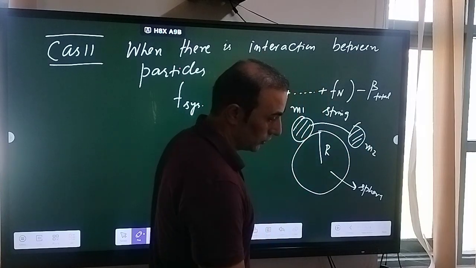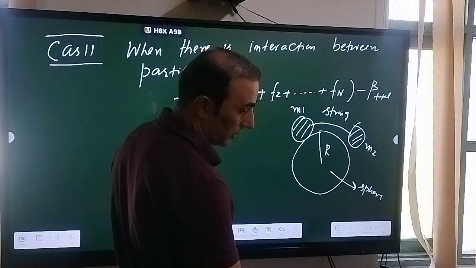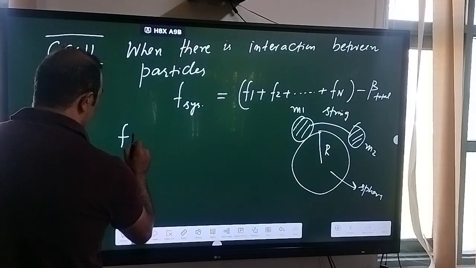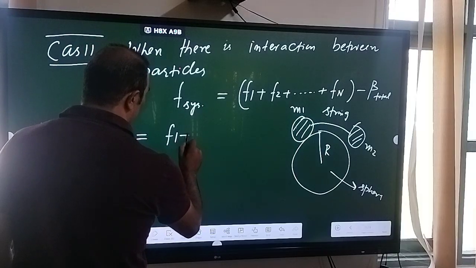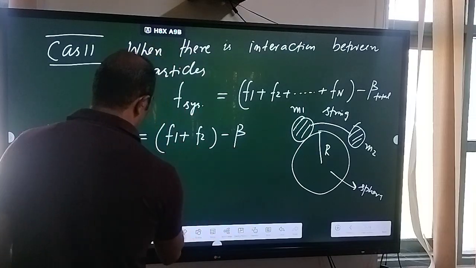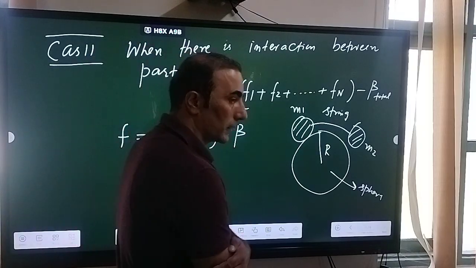So in that case, what should be our degree of freedom in this case? So f will be equal to f1 plus f2 minus beta. So what should be f1? So f1 क्या होगा?